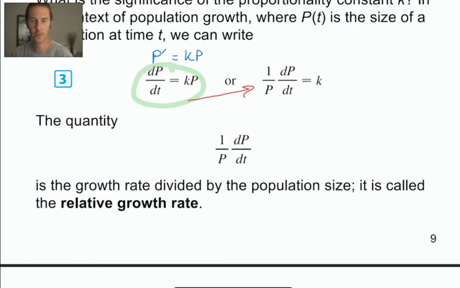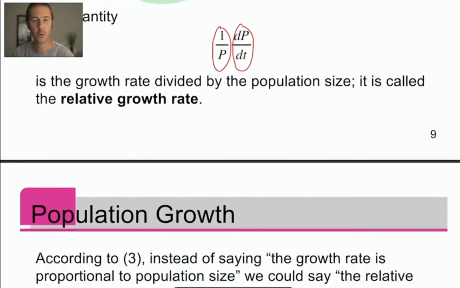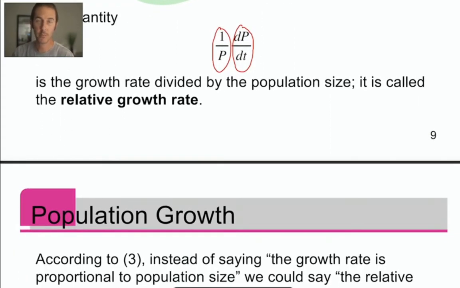So that can go into your notes for a bit of a definition. We're taking the rate of growth of the population and dividing it by the population. Interesting. And that's our k value, the relative growth rate. It's almost like the growth rate per person, right? We're dividing by the total population.